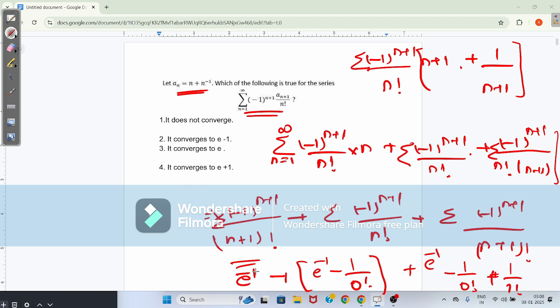Now this is minus 1. The e power minus 1 terms get cancelled out, and the remaining value is e power minus 1 plus 1. So it converges to e power minus 1 plus 1. Now this is the required answer.